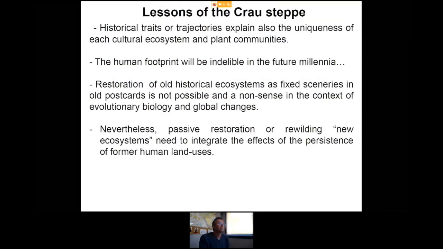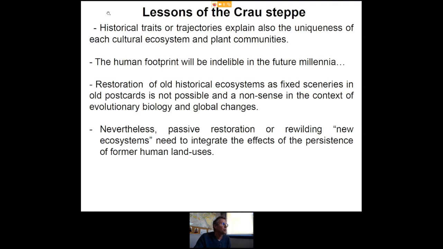So just to conclude, and I hope to open the debate, it's not only the case of the Crau area: the historical traits of a trajectory that we can identify for the ecosystem are part of the definition of the fact that the ecosystem is unique, and in fact each cultural ecosystem is unique, and also its plant community, and so it will always be difficult to find some way to generalize some result in restoration or conservation over the type of ecosystem.